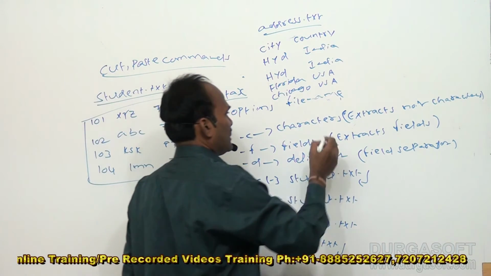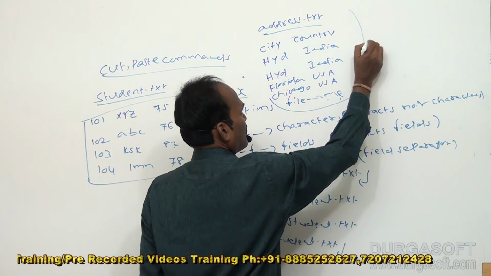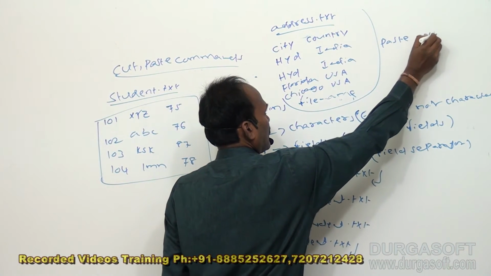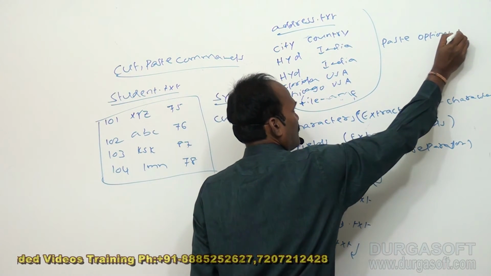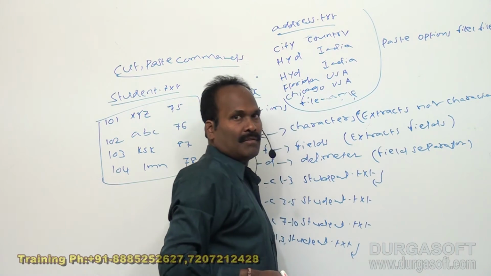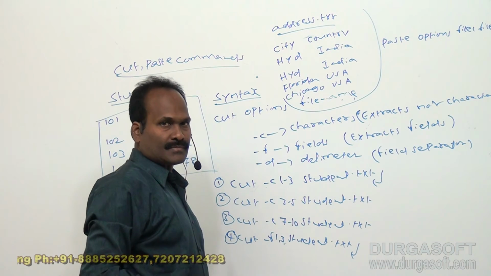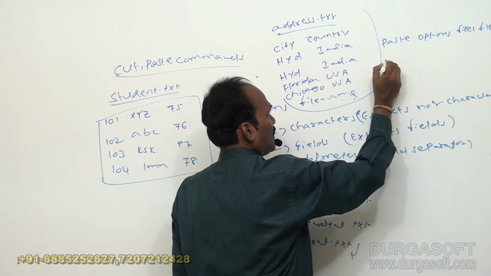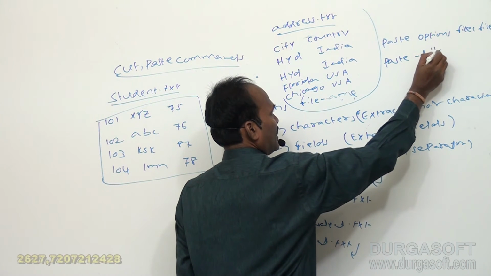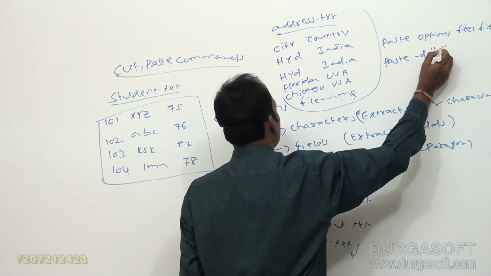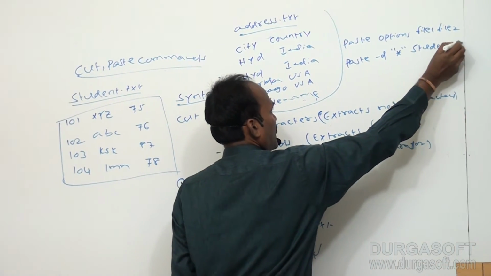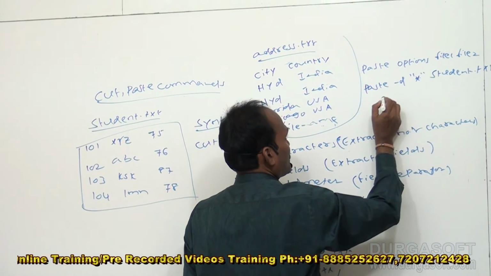If I execute the paste command like this, see what happens. paste options file 1 file 2. For example, paste -d * student.txt address.txt, where the delimiter is star, file 1 is student.txt, and the second file is address.txt.